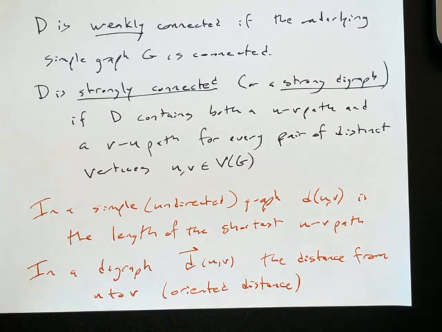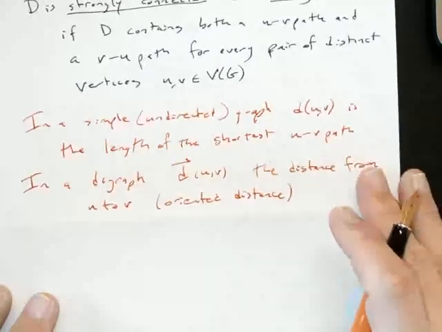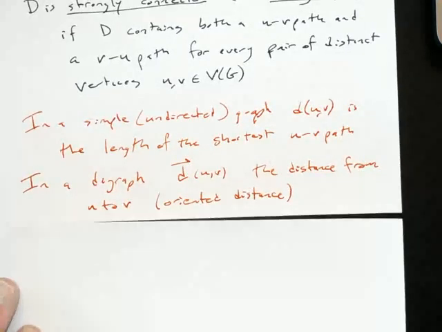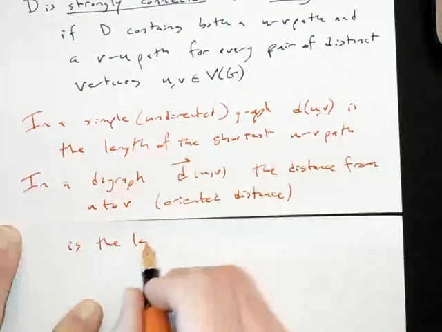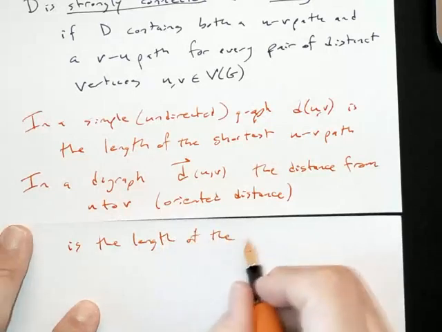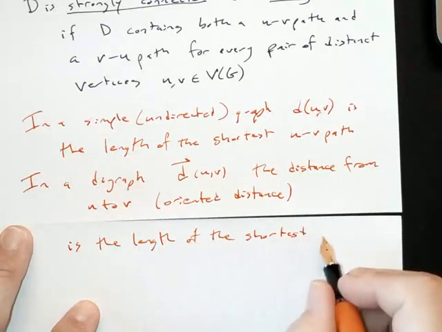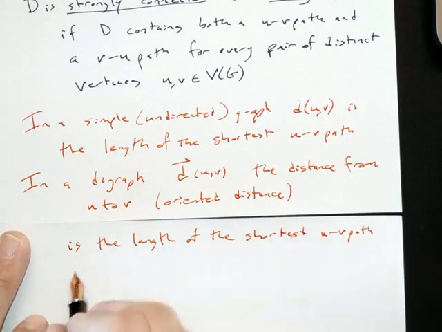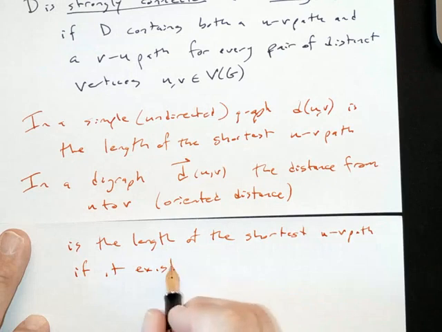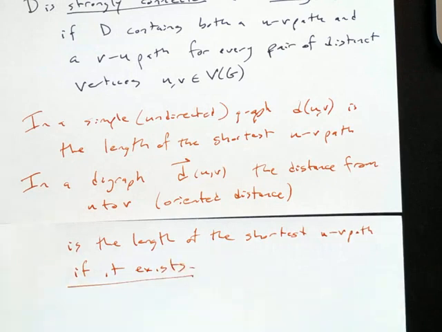The oriented distance from U to V. There's the caveat. It's the length of the shortest path from U to V, if such a path exists. If no such path exists, this distance is undefined.